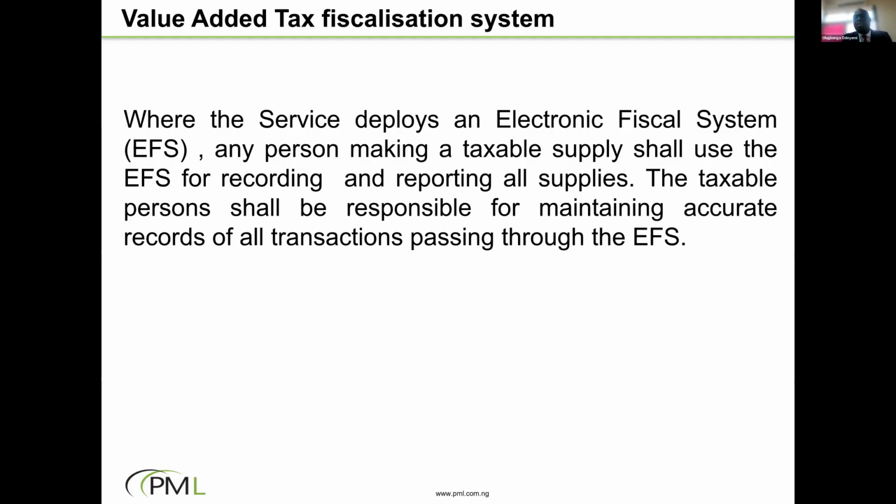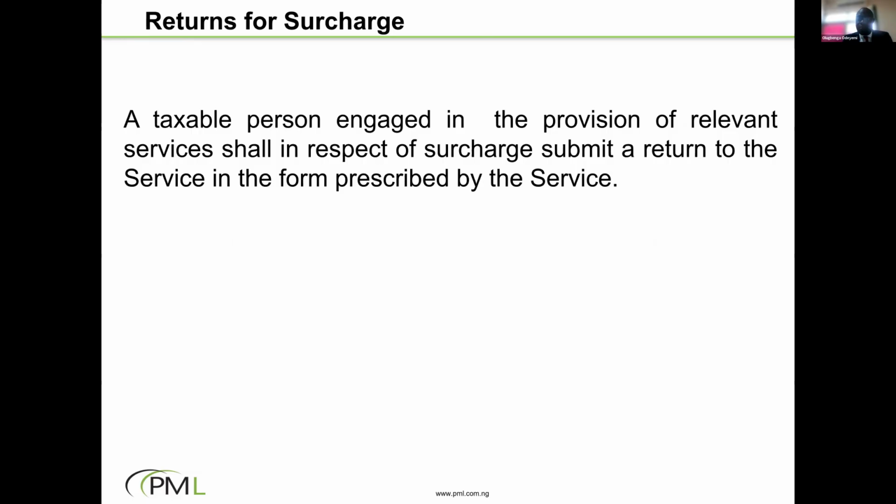So where the service deploys an electronic fiscal system, any person making a taxable supply can use the fiscal system for recording and reporting all supplies. The taxable person shall be responsible for maintaining accurate records of all transactions passing through the AFS.